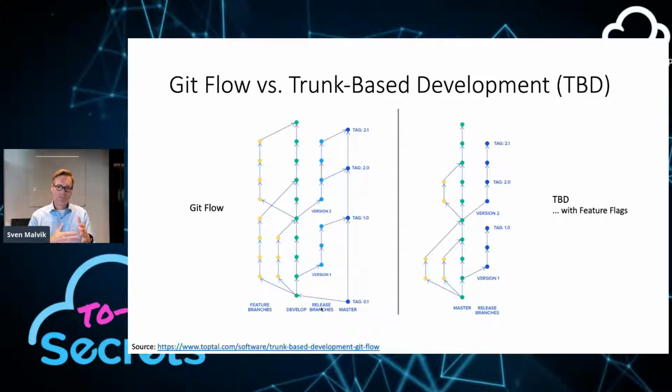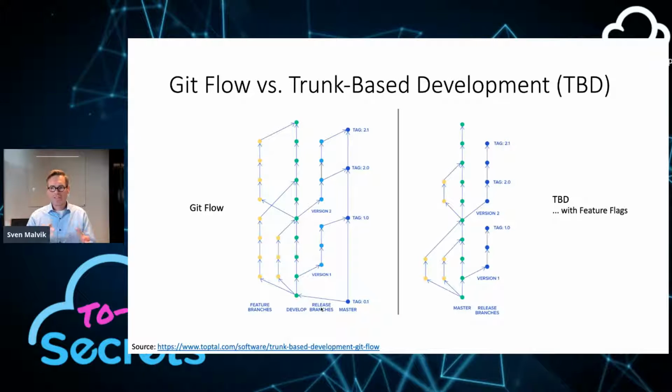So that means you have many feature branches, you have a developer branch, you have release branches, you have the master branch, and you have hotfix branches. And at the end you need to merge all your branches to the developer branch that you then merge to the master branch, and it's really not fun, and you get conflicts all the time.